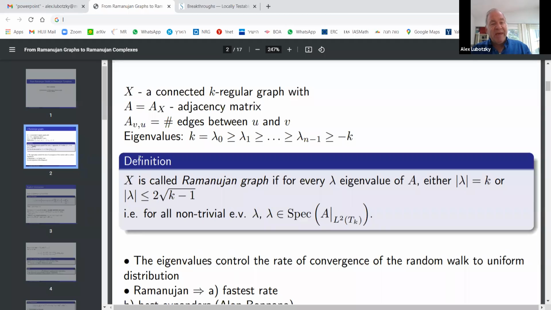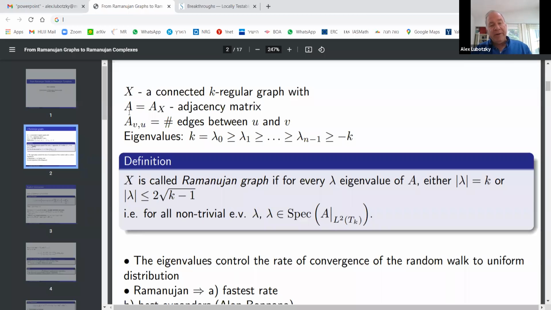If you look at A, as I told you before, not as a matrix, but as an adjacency operator, you can apply it also to the infinite k-regular tree. Not just the k-regular graph, you can apply it to any infinite tree.